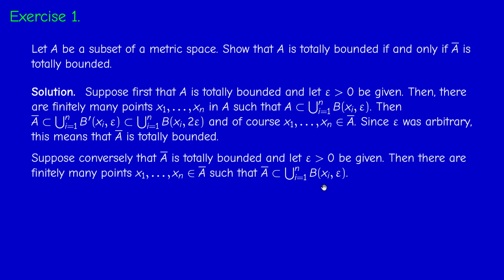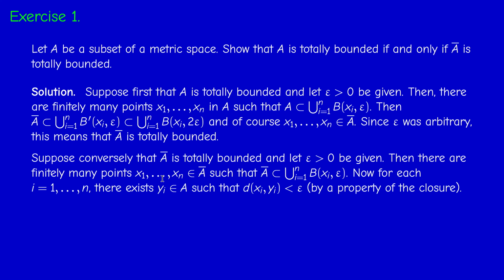But this is not a big deal, because if xi is in A bar, then we can find an element in A as close as we wish to xi. So for each i, we can find an element yi in A whose distance to xi is less than epsilon. This is the famous characterization of the closure of a set.